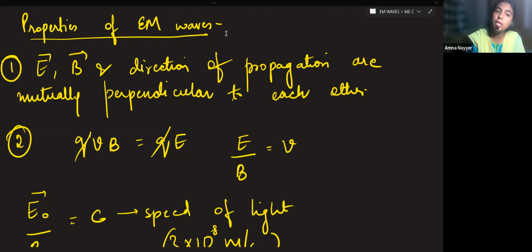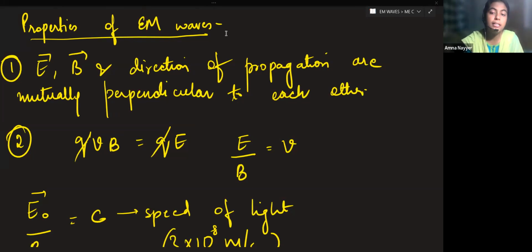It's not just that the electric field and magnetic field are perpendicular to each other; the direction of propagation also has to be perpendicular to both, it cannot be parallel with the electric field or the magnetic field. So all three should be perpendicular. We discussed in the last class that the electric field, magnetic field, and direction of propagation are mutually perpendicular to each other.